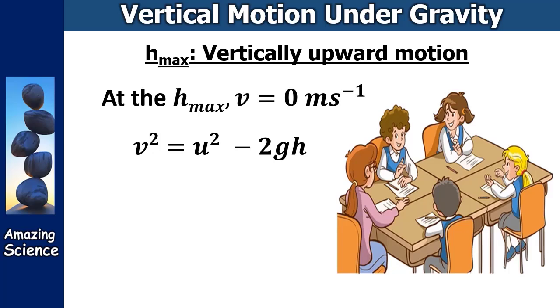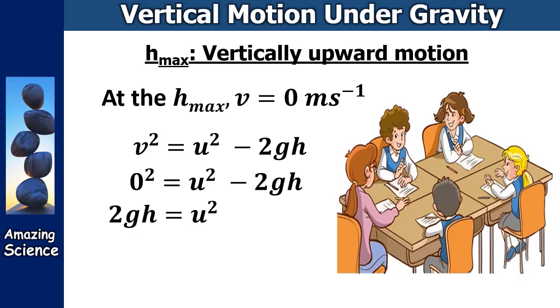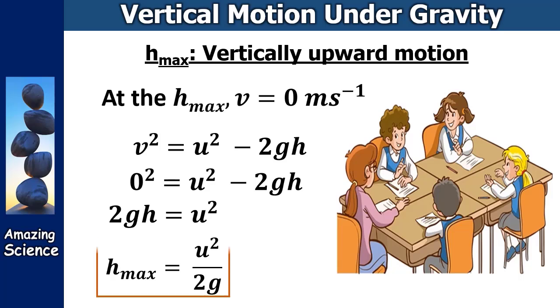So when we put v equal to 0, we are going to have 0 squared is equal to u squared minus 2gh. Then we can have 2gh is equal to u squared. Finally, the maximum height will be equal to u squared divided by 2g.